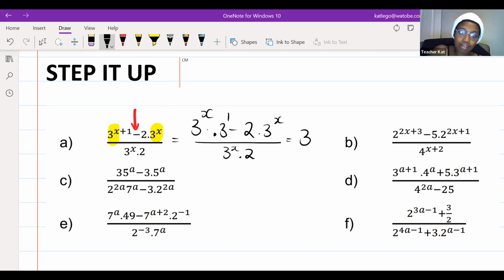Okay, we're not going to have enough space for this, so I'm just going to write them at the bottom, which is going to be 3 to the power of x. So in our first term, what's going to be left here? When I take out 3 to the power of x, what's going to be left over? What's left when you take out 3 to the power of x in our first term?